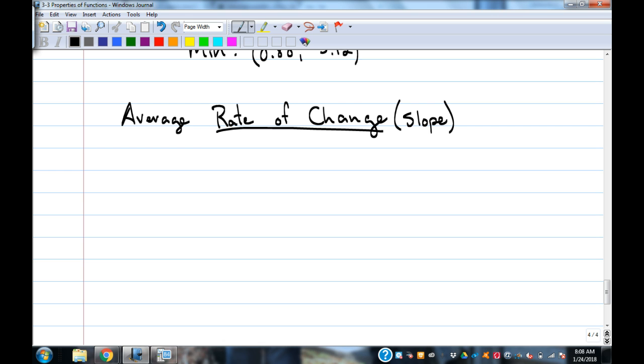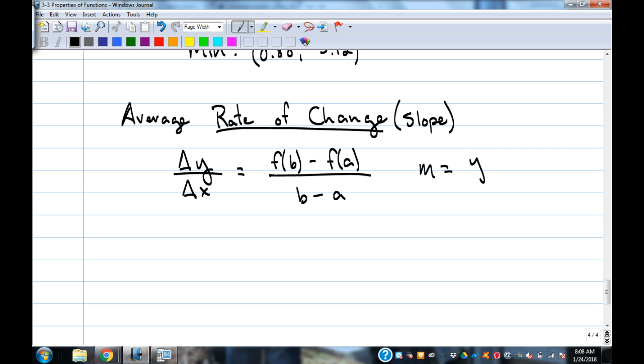Okay. So if we're going to find the average rate of change, the college way of saying that is delta y over delta x, the Greek letter delta. All that means is taking the change in y over the change in x. That's what delta in math means, change. This is the formula you'll see in your textbook, and it's confusing looking, but it really is just the slope formula.